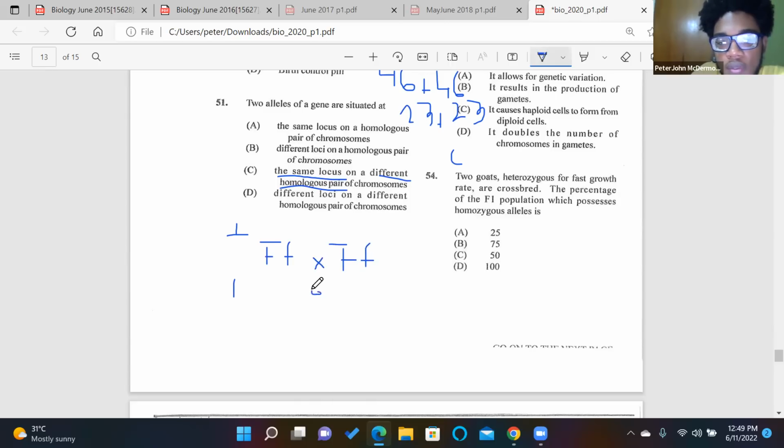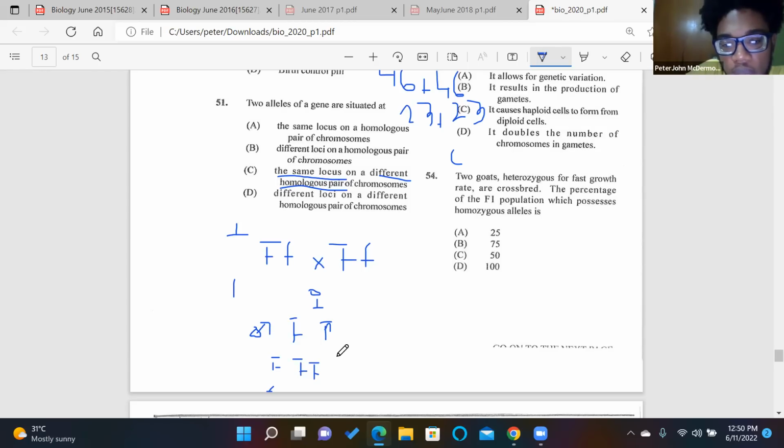At the top we'll put male, at the bottom female. We have big F, small f. Sorry guys, it's very hard to write with this computer. Big F and small f. So what do we get here? Big F.